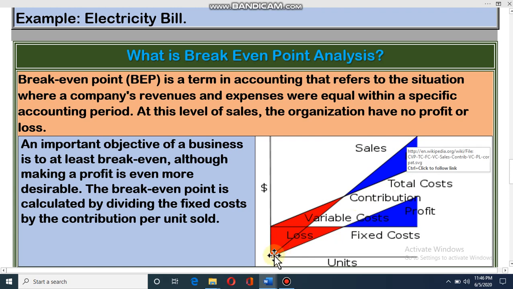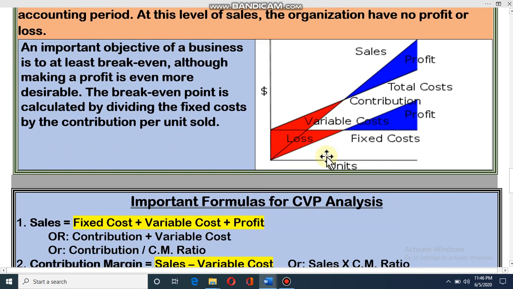Then this is the sales line, revenue. Look at this point: the total cost, fixed cost plus variable cost, and the sales are at the same point. That's why this point is known as break even point. Dear student, inshallah, next class we will discuss more about this.